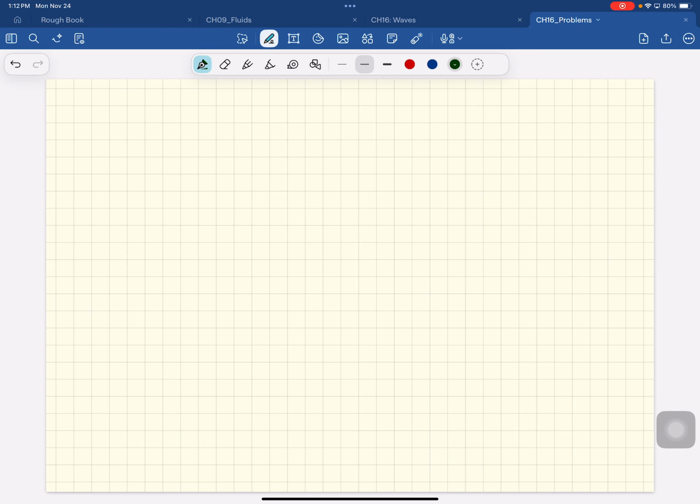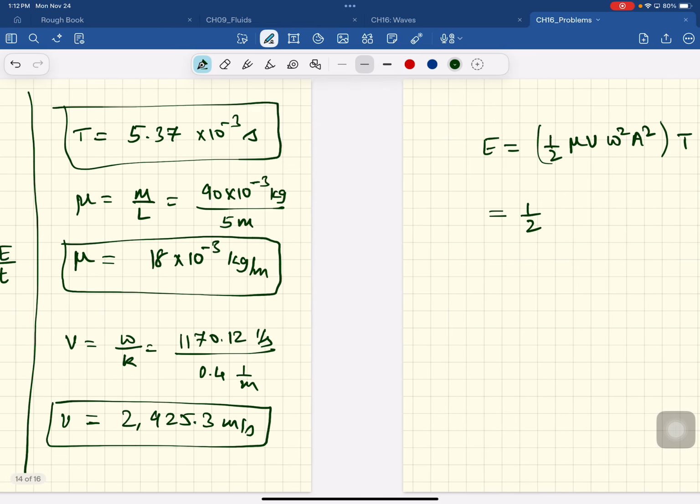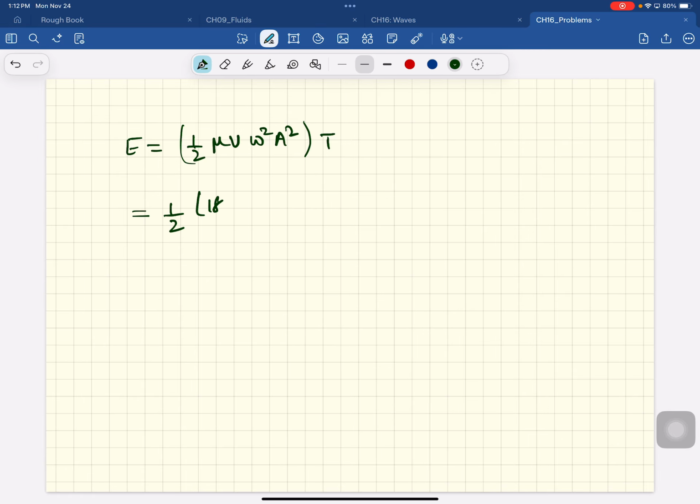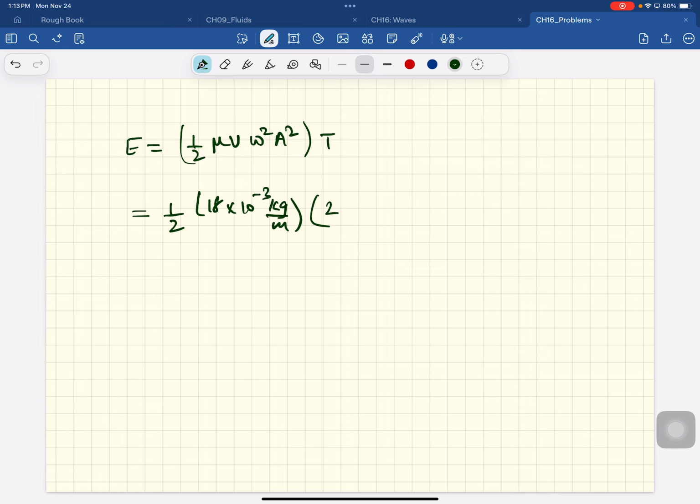So E is power, 1/2 mu v omega square a square, times T. Mu is 18 times 10 to the minus 3 kg per meter. V is 2.93 meters per second.